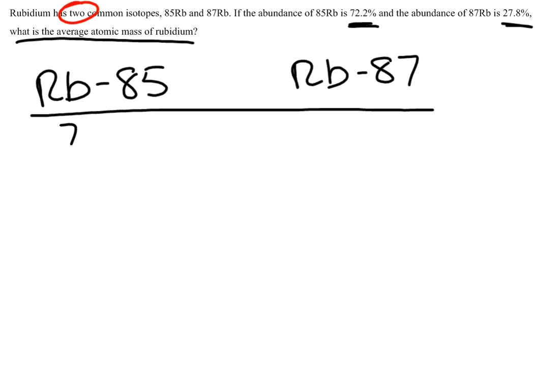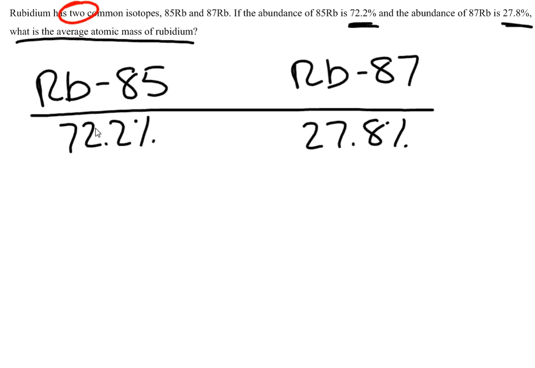The abundance of rubidium-85 is 72.2%, and 87 is 27.8%. Now when you're working with this, you're always going to want to do one of 2 things. One, do all the calculations and then divide by 100 to get rid of these percentages, or do what I tend to do, which is get rid of them now.